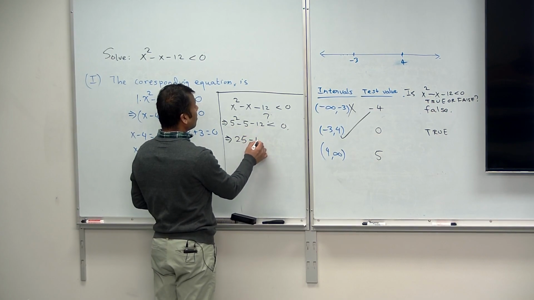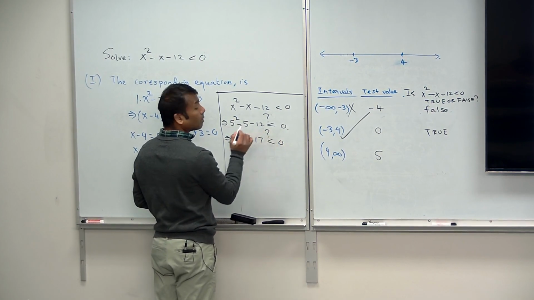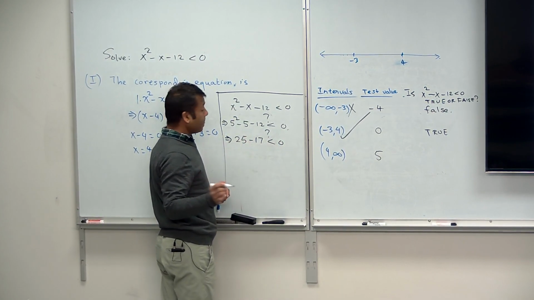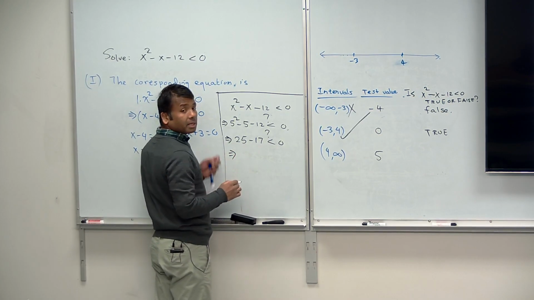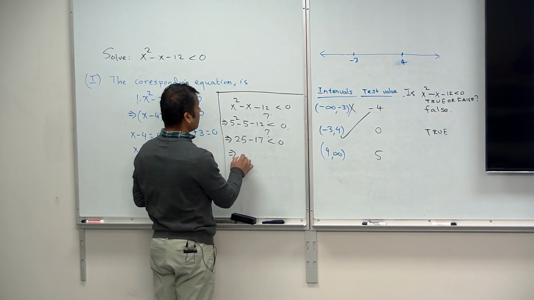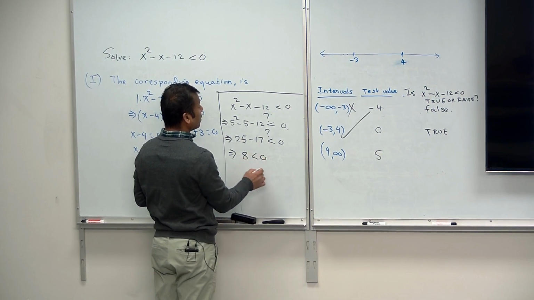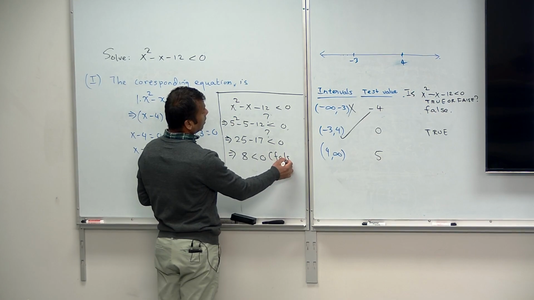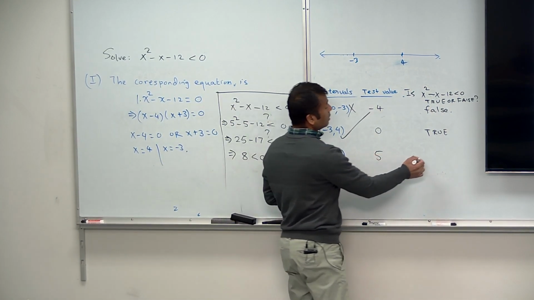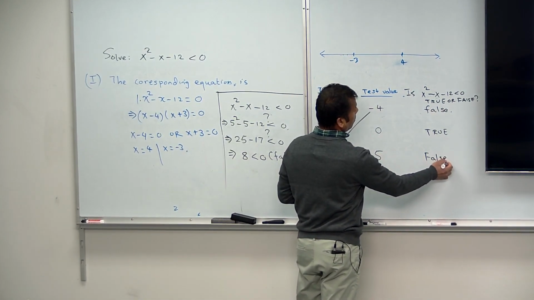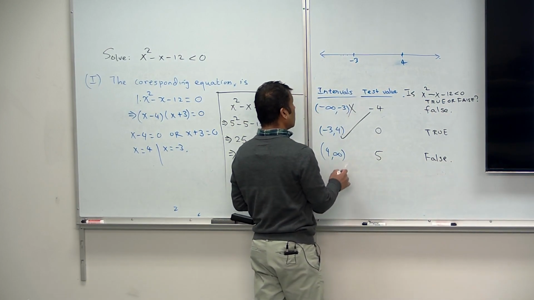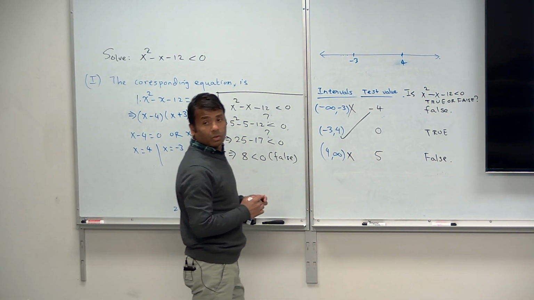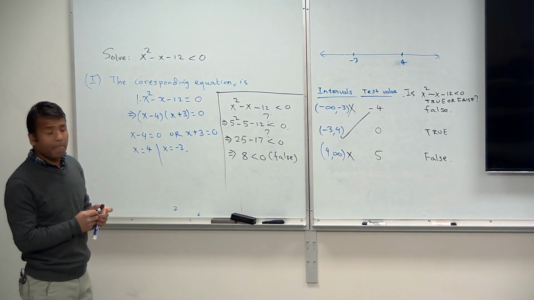Minus this 17 is less than 0. So what is 25 minus 17? Yeah, 8 is less than 0. Is this true or false? False. So this is also false, and so it cannot be a solution, right?